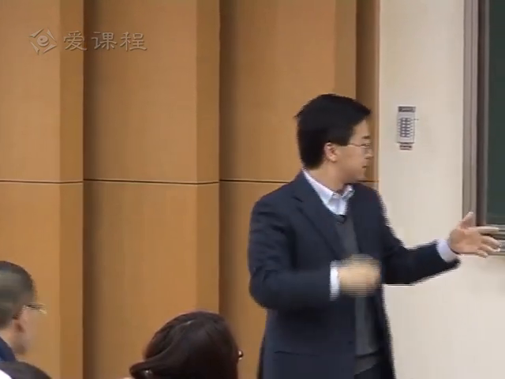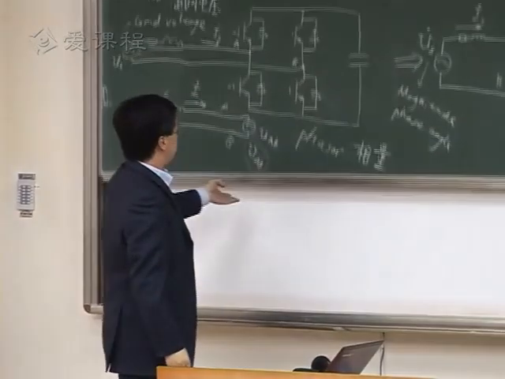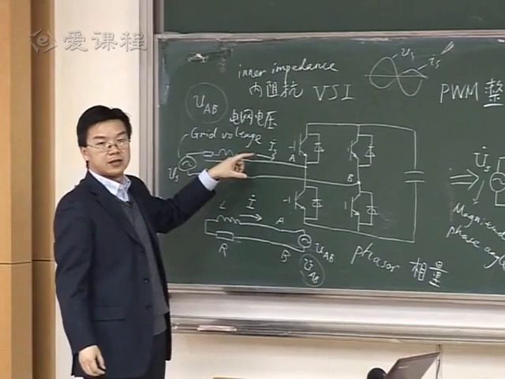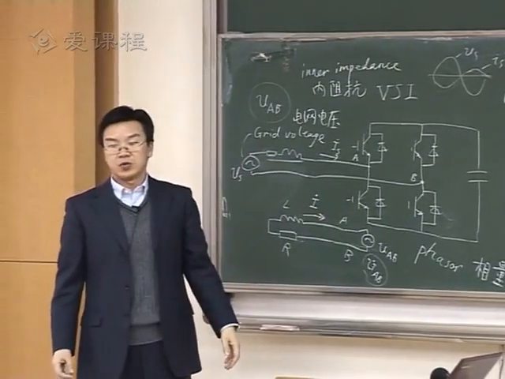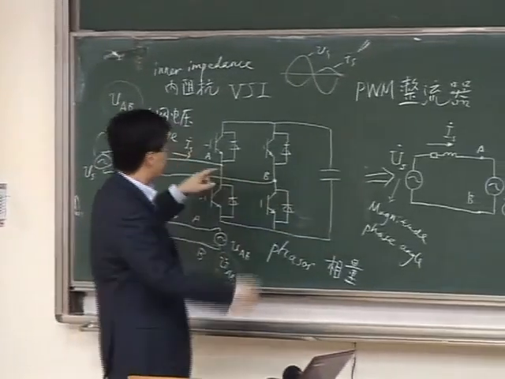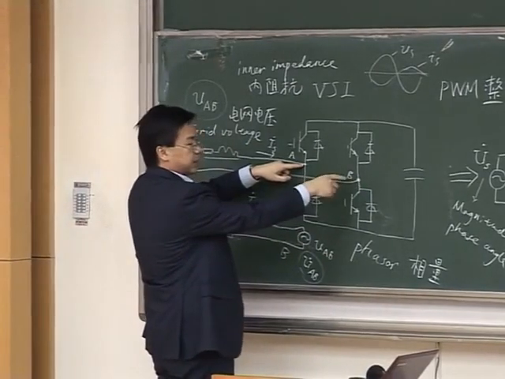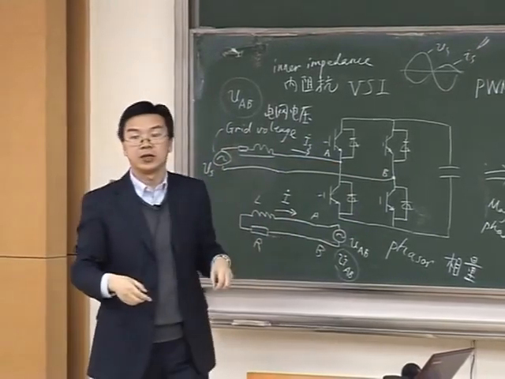So anyway, we can control this current. We can control the magnitude and the phase angle of the current we are absorbing from the grid at any phase angle and magnitude as you want, by controlling the AC voltage of this VSI, by controlling its phase angle and magnitude.